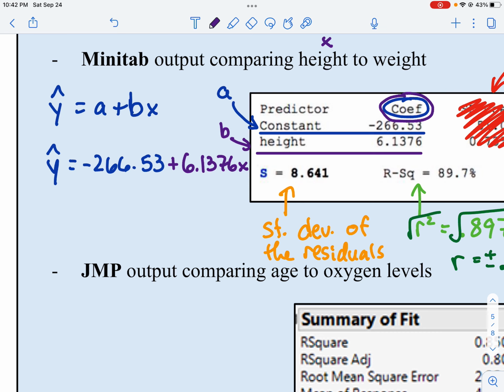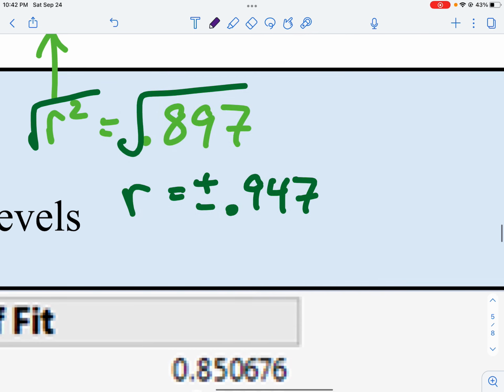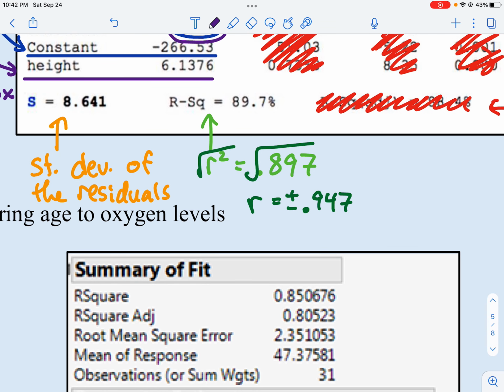Now that we know this information, I want to go back to how do I know if correlation is the positive 0.947 or the negative 0.947? Well, remember correlation tells us strength and direction. It tells us whether the dots in the scatter plot are increasing or decreasing as x goes up.